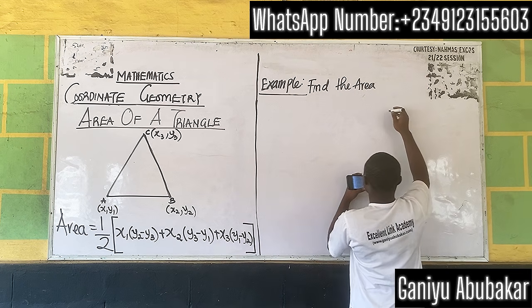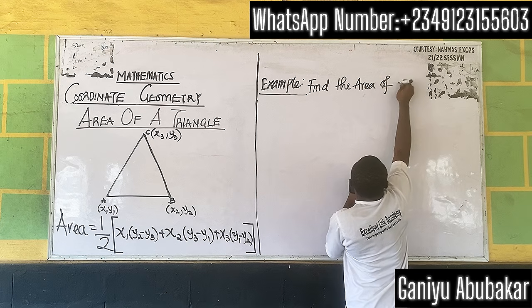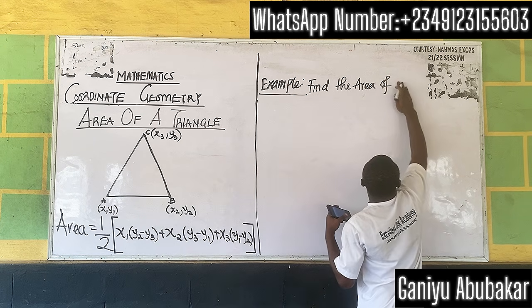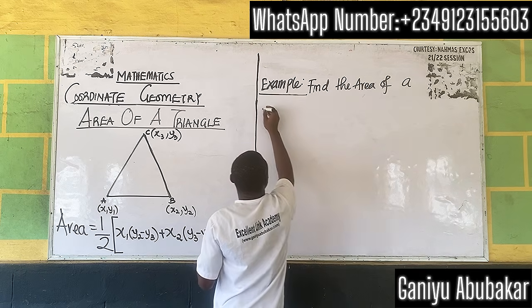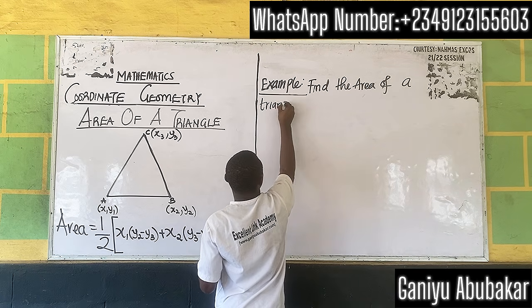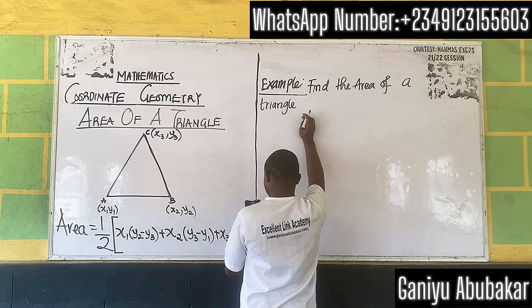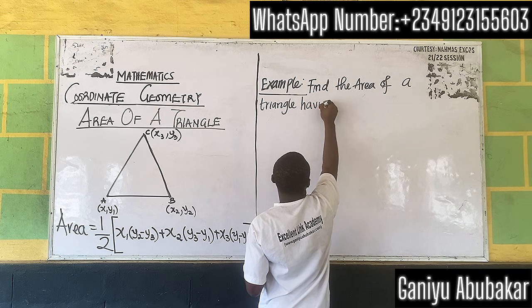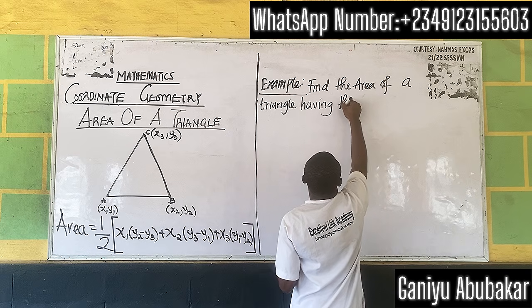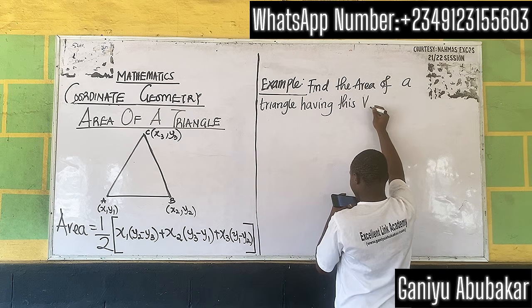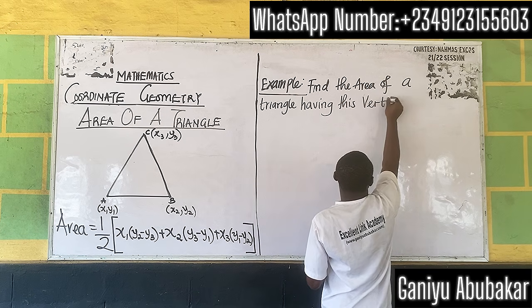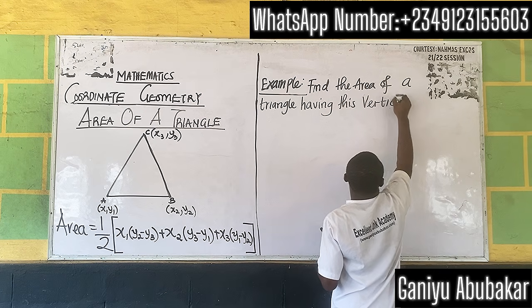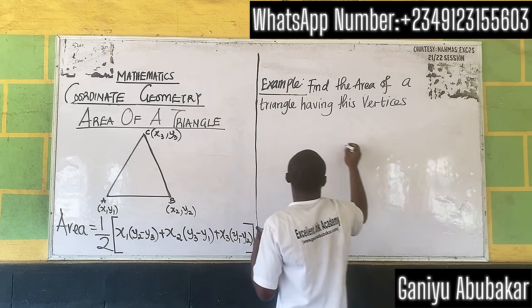Find the area of a triangle having these vertices. What are the vertices?